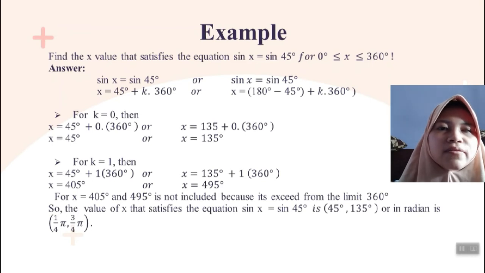So the values of x that satisfy the equation sin x equal to sin 45 degrees are 45 degrees and 135 degrees, or in radians, a quarter pi and 3/4 pi.